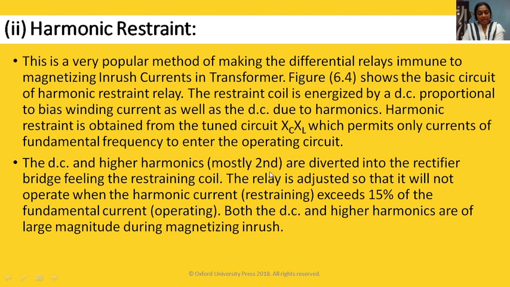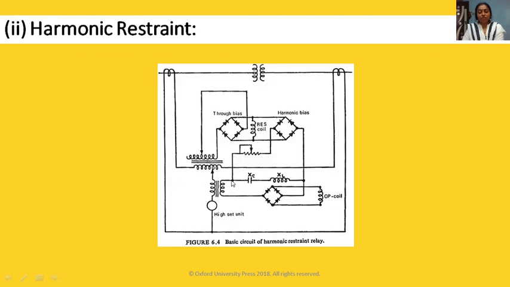The DC and higher harmonics are diverted into the rectifier bridge, feeding this restraining coil. Look here, it is diverted through the rectifier bridge.